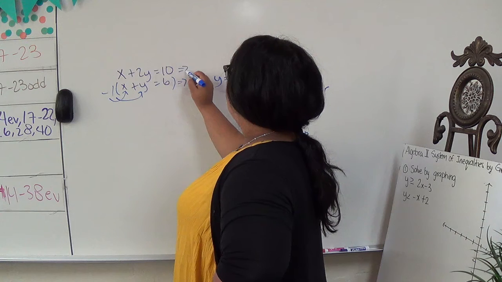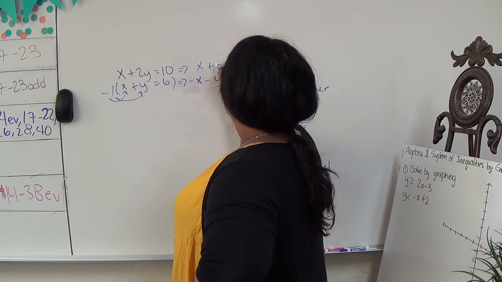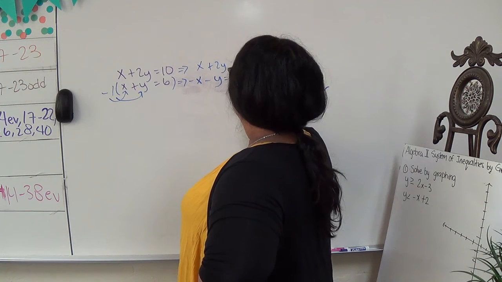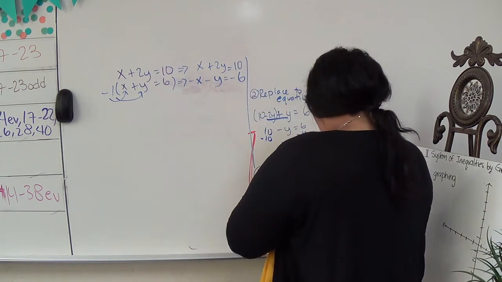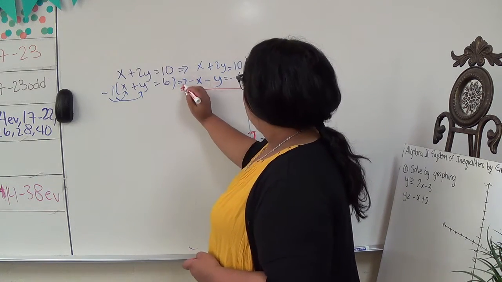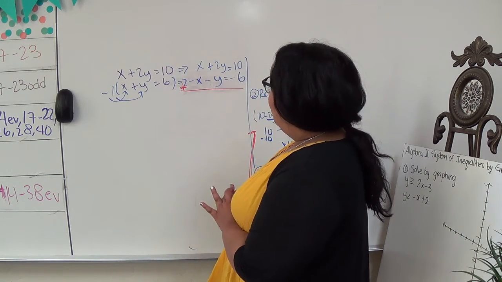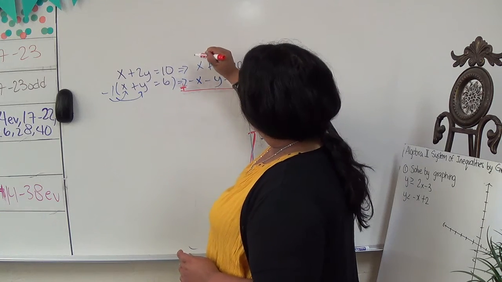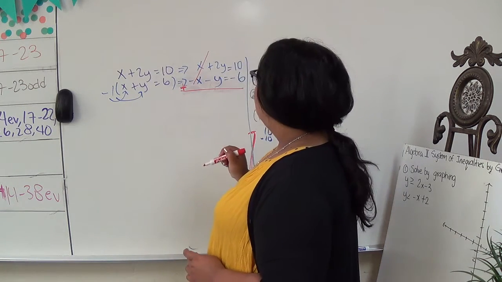And I'm just going to bring this one over. Once I bring it over, then I'm going to add them. Okay? When I add them, positive x and negative x cancel out, right?